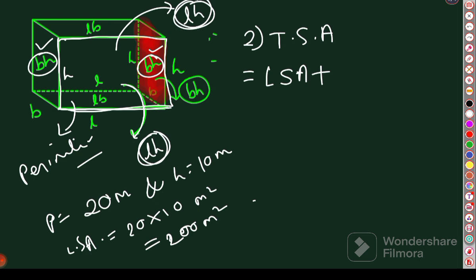Okay, so what is the top surface area? You see this top is LB and bottom is also LB. That means 2 times LB, right?